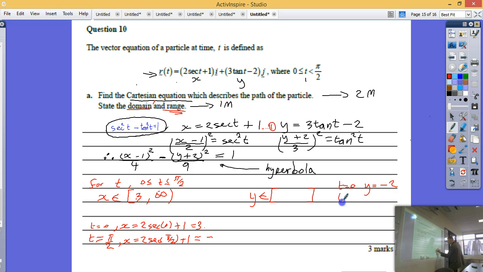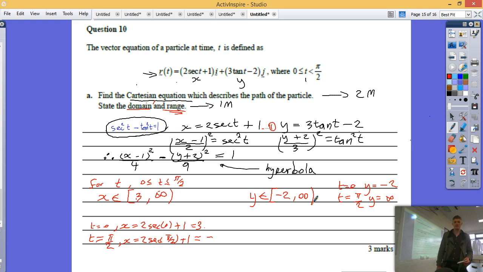Good. What about when t is pi on 2? My y value will be tan of pi on 2. Oh, I remember that one. That is infinity. So my range will be from -2 to infinity. And I must remember, if y values go up to infinity, I must have the round brackets there.